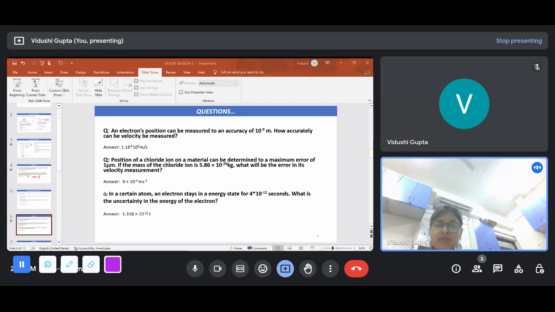So it will be equal to 6.626 into 10 minus 34 upon 4 into 3.14 into 5.29 into 10 minus 30.